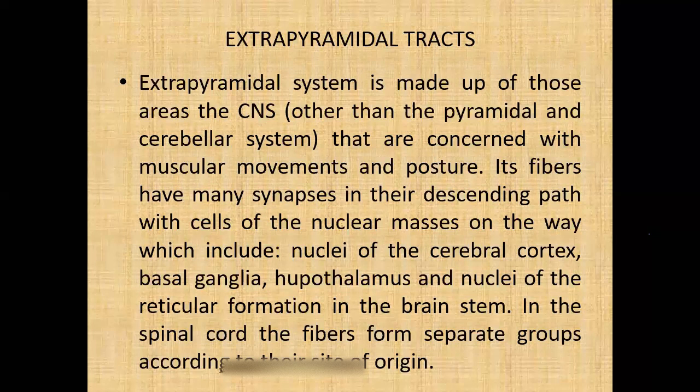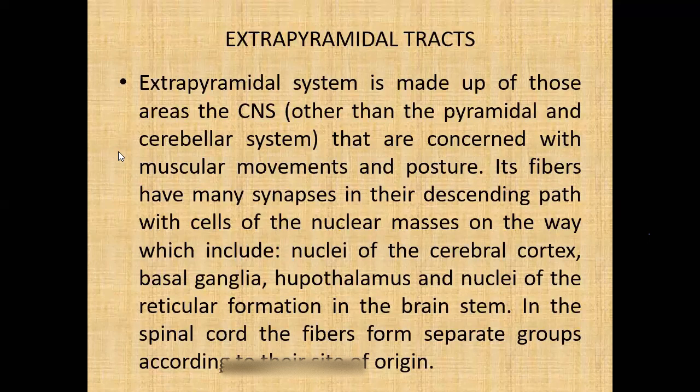Okay, whereas in the extrapyramidal tract we can see a lot of synapses are being formed, that is many more neurons are functional in the extrapyramidal tract, and many more centers of the brain are getting involved in the execution of the extrapyramidal activity, which is largely the activity of the muscles and the posture.